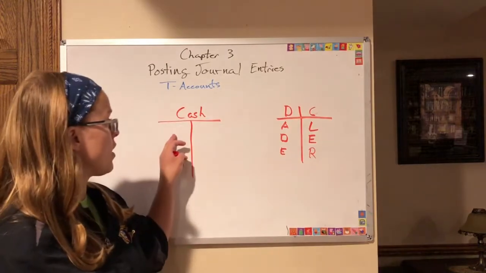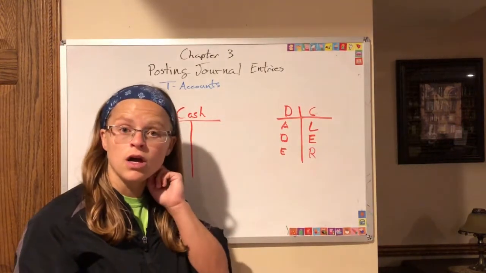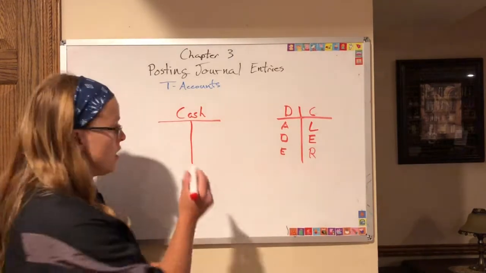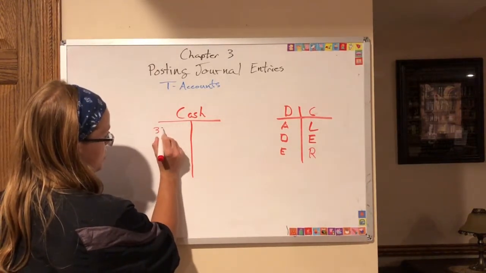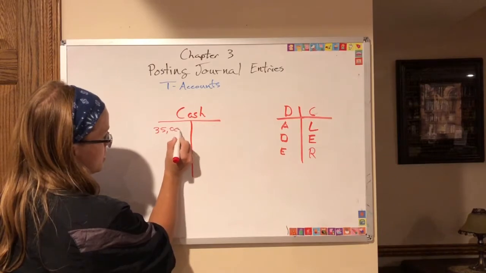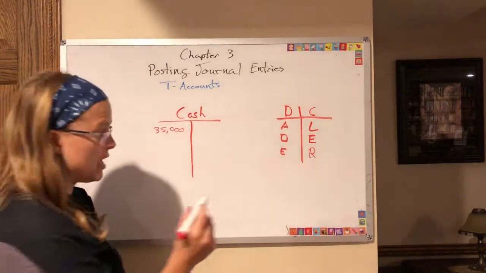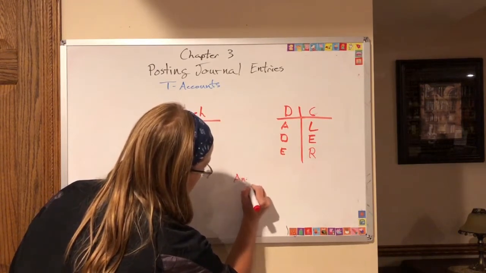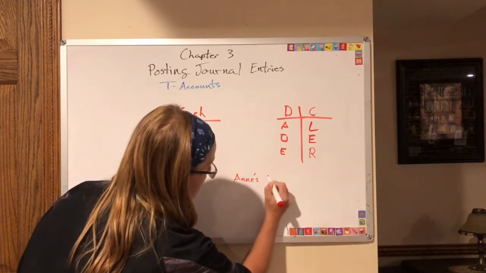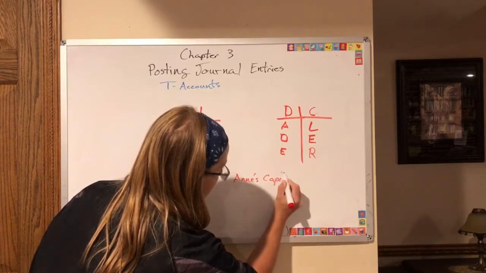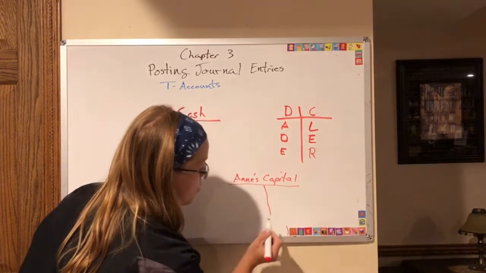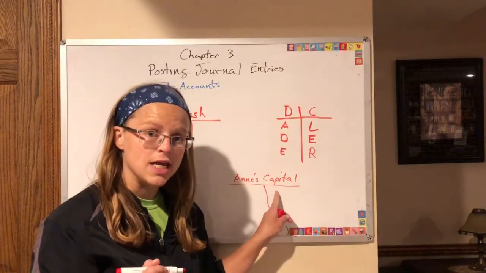If we look at our cash T account, we're going to have a debit of $35,000. And in our equity accounts, we have Anne's capital. We have a T account for Anne's capital with a credit of $35,000.